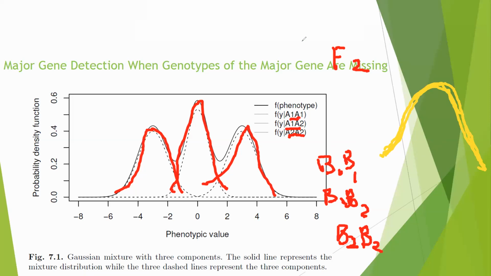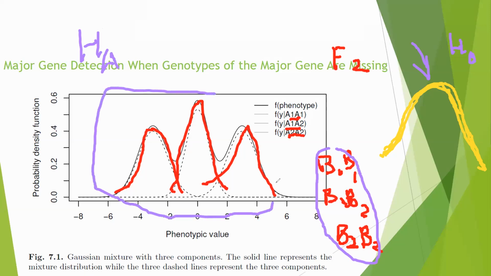Okay, then this will give us two hypotheses here. The null hypothesis is that this locus is not relevant to the phenotype, so we're going to see this distribution, no segregation. This is the H null. However, if this locus is indeed associated with the phenotype, we should be able to see a segregation like this.